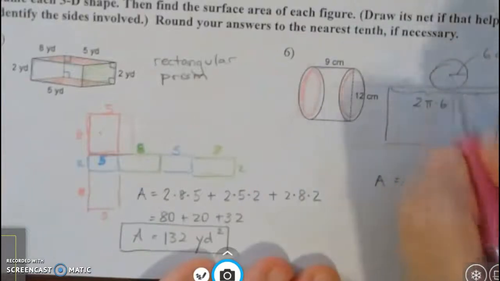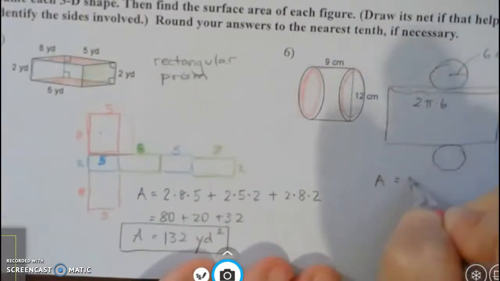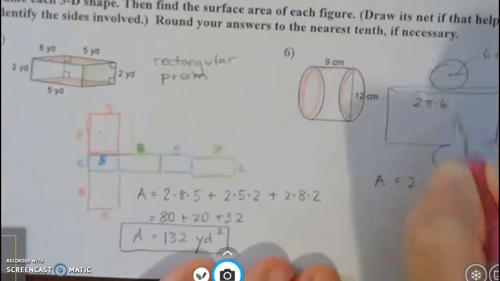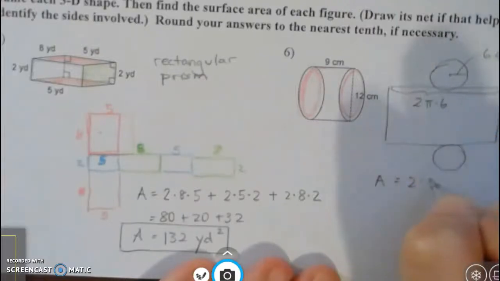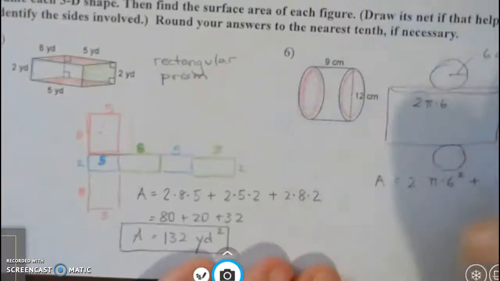We have 2 of the circles, and each of the circles' area is pi r squared, where r is 6, so 6 squared, plus the area of the rectangle. What is that? 12 pi times 9. 12 times 9 is 108. So it's going to be 108 pi.